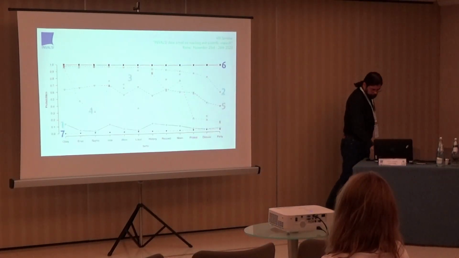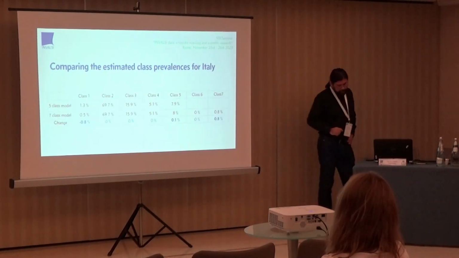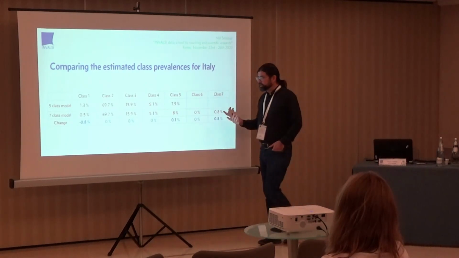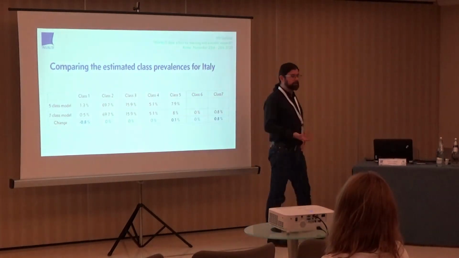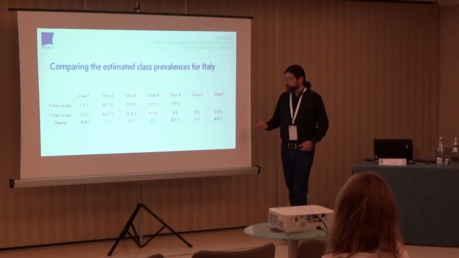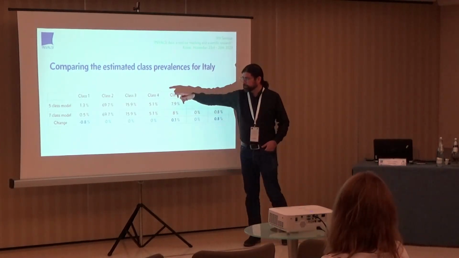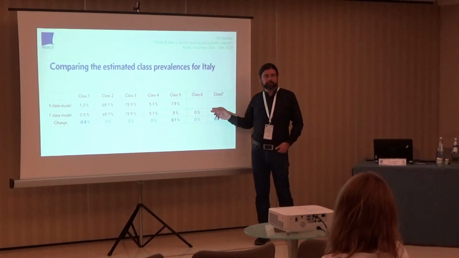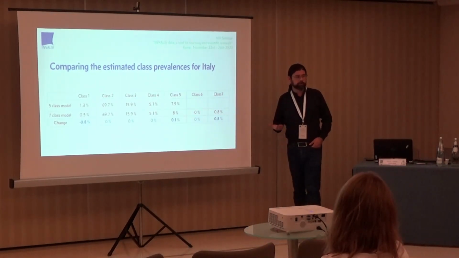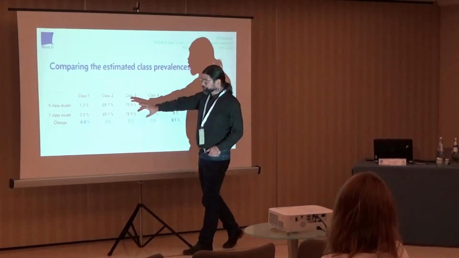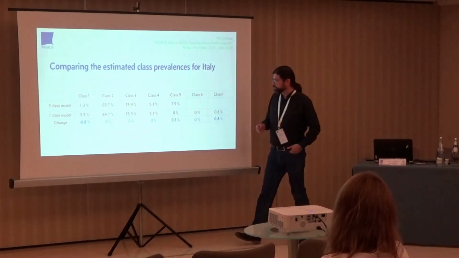If we look at the case of Italy here, what we see, and I find this very interesting, is that if the original concern was that I had an inflated 70% class, it turns out that, and this is consistent with class 2 being very robust, I actually have no one reclassified in class 6. So that result is strong in the face of this alternative test.